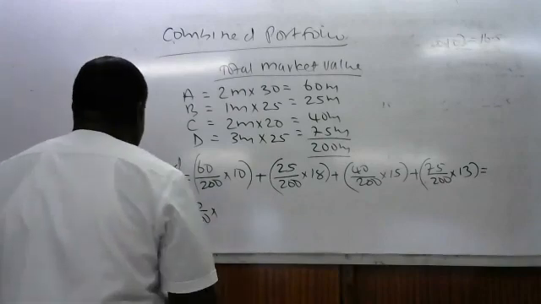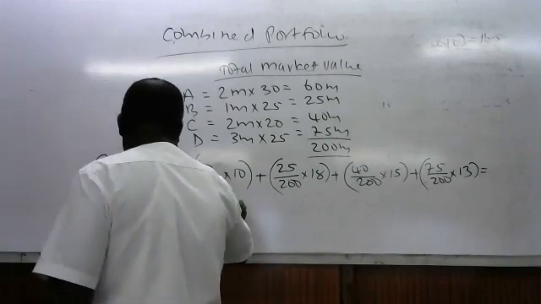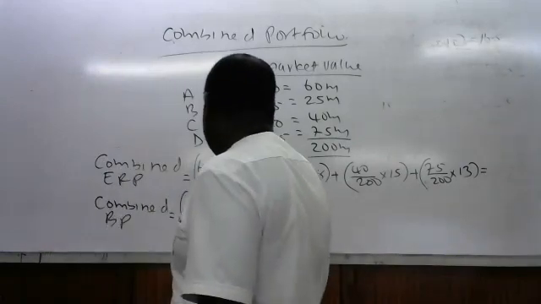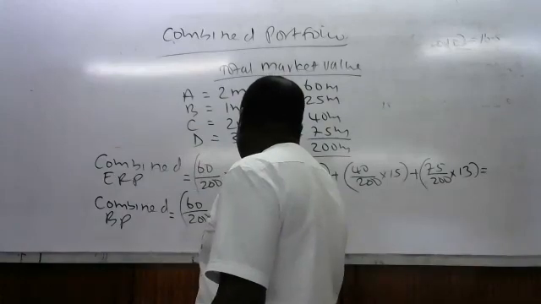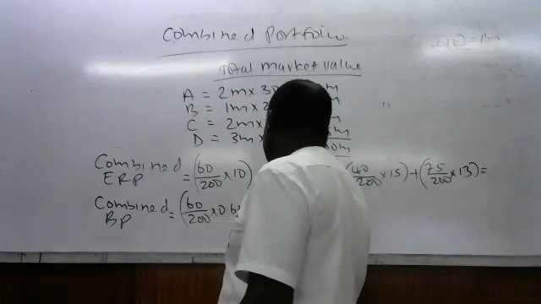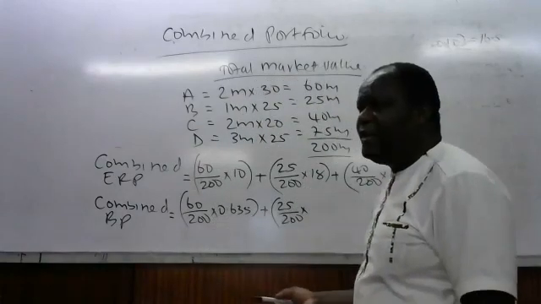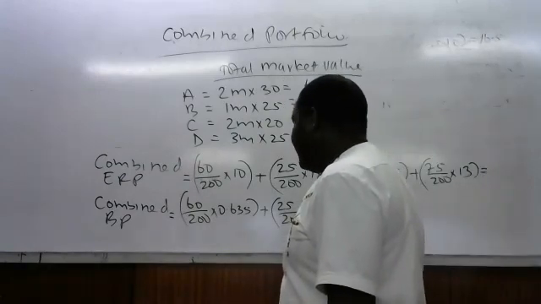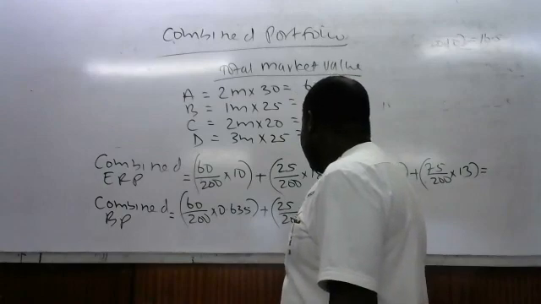So 0 point. Then for B, you also take 25 divided by 200. This one we say it was negative 1.154.